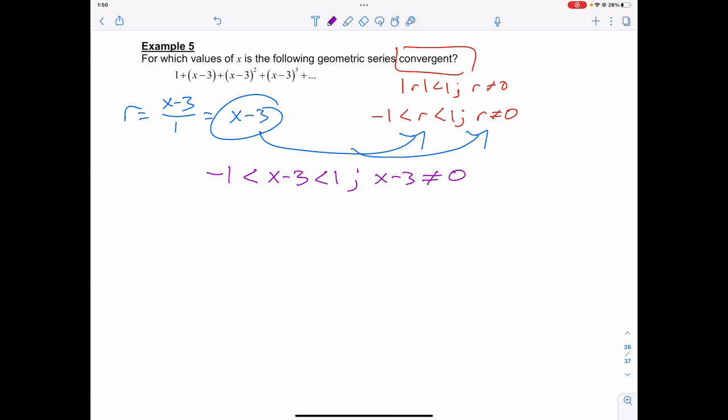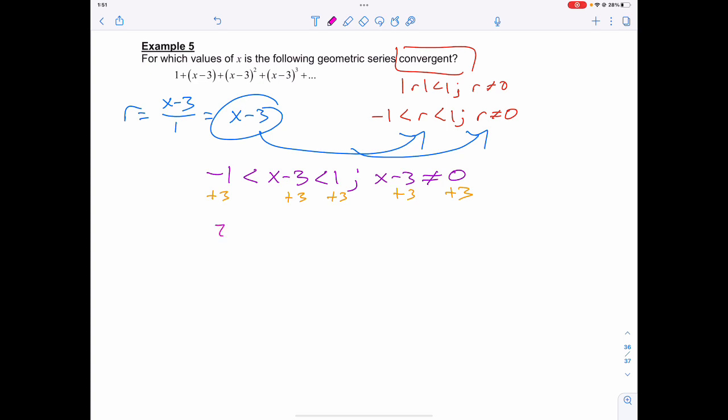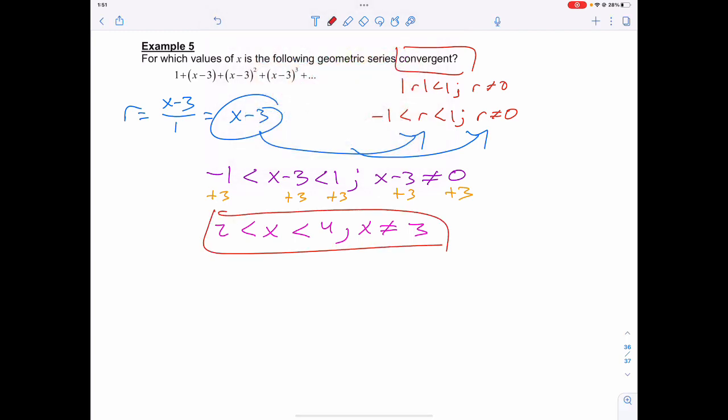And then to get x by itself, what am I going to do? I'm going to add 3. And if I do it in one spot, I have to do it to every side, which means I'm going to be left with 2 is less than x, which is less than 4, where x cannot equal 3. And there's my final answer. That's it. That's limits and functions.